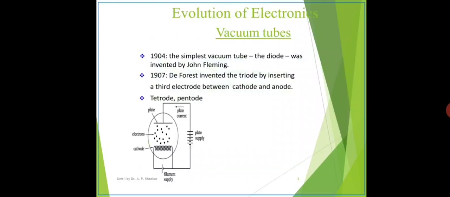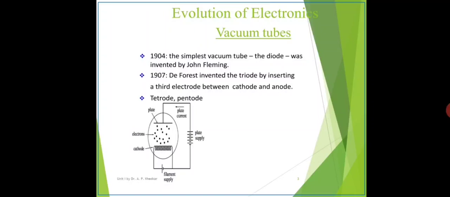It was invented by scientist John Fleming. The construction of this vacuum tube diode you can see in this picture. In the construction you see basic plates, that is cathode and anode, and you can see electrons between the cathode and anode.